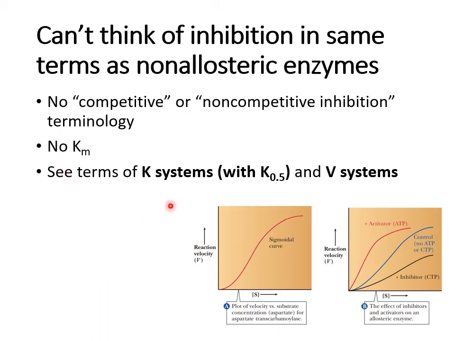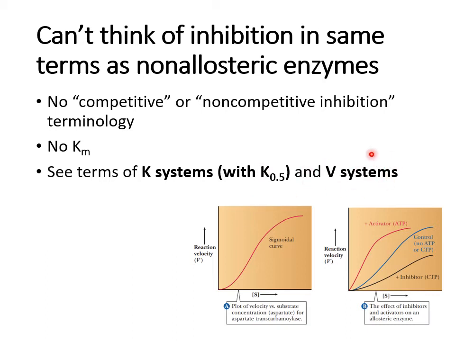In that system, the substrate level at 1/2 Vmax, instead of being called Km, is called K0.5. So that K0.5 is the substrate level at 1/2 of Vmax in these allosteric enzyme curves.